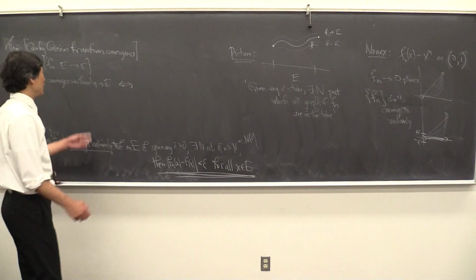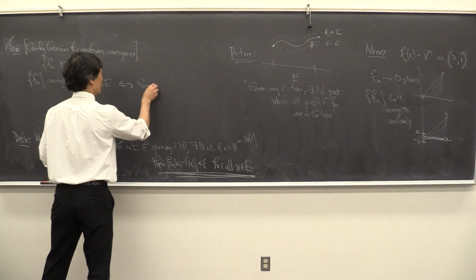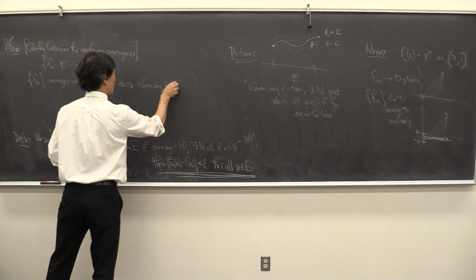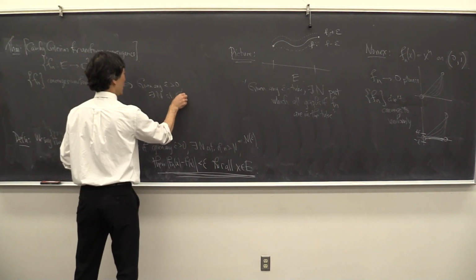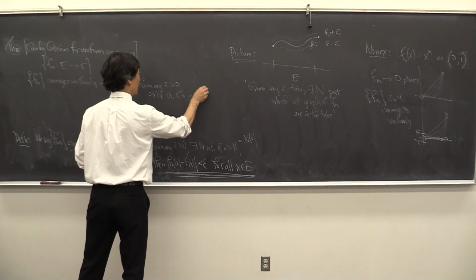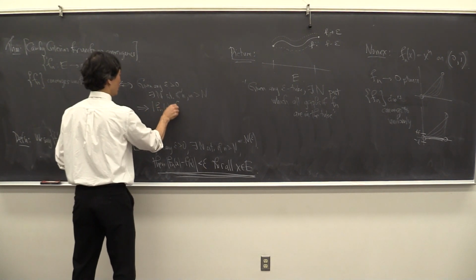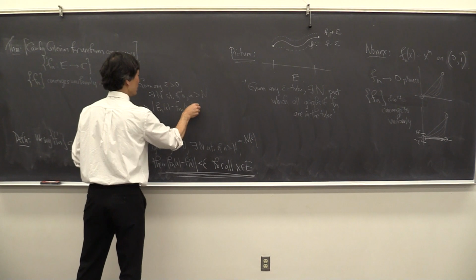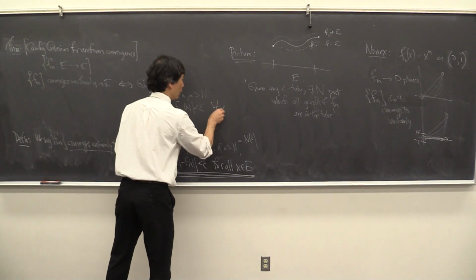Yeah. So you say, given any epsilon, there's this time such that if n and m are bigger than that time, then the distance between them is smaller than epsilon for all x in E.